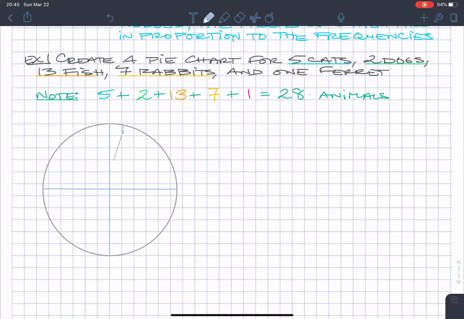Boy, this is more difficult than I thought. Boy, I can't win for losing here. Okay, I'll just do 1, 2, 3, 4, 5, 6. Okay, not very good, but close enough.